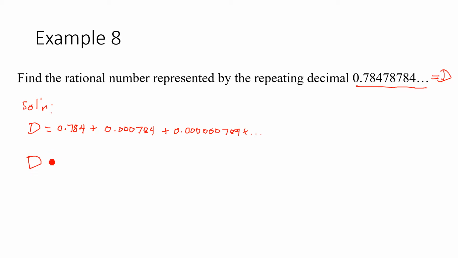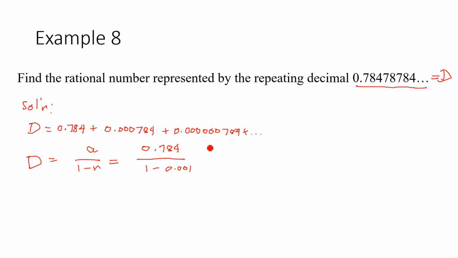So d is equal to a over 1 minus r, where a is 0.784 over 1 minus r, which is 0.001, because the common factor here is 0.001.